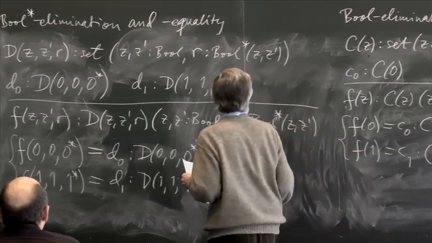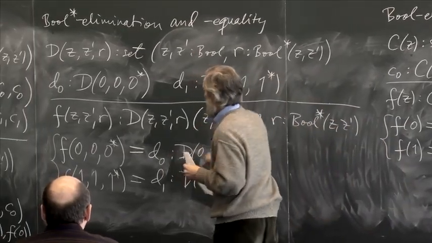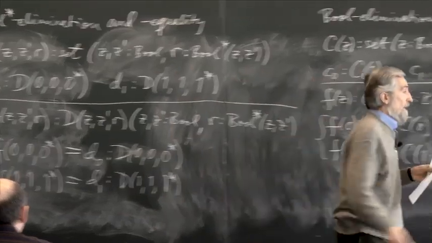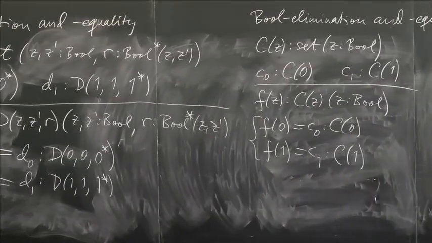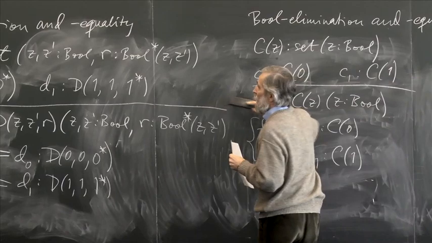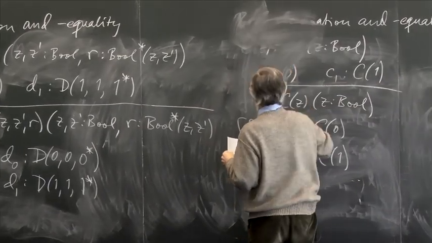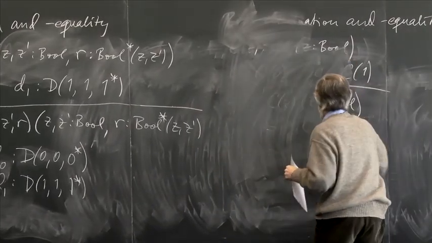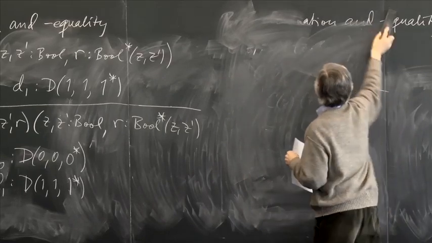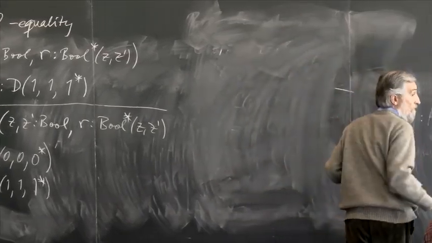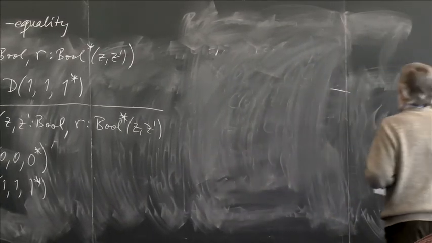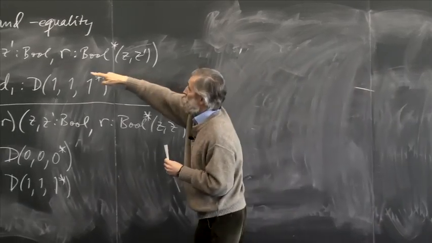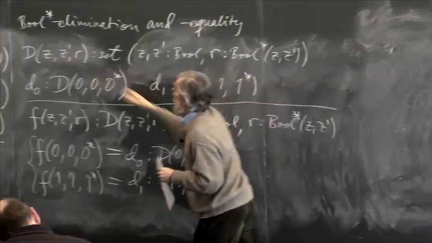Namely, we apply the rule of Boole star elimination and equality with a particular choice of capital D. So we choose the D that we are free to choose there.